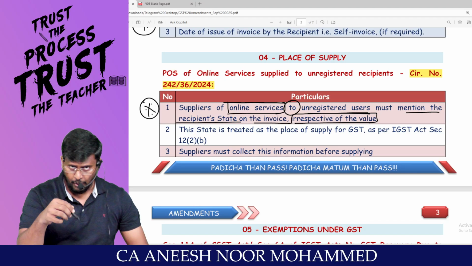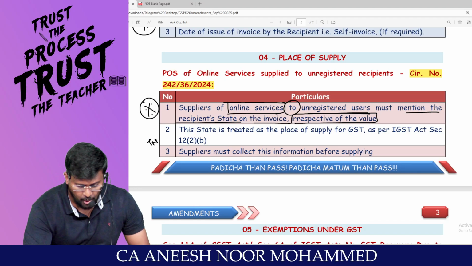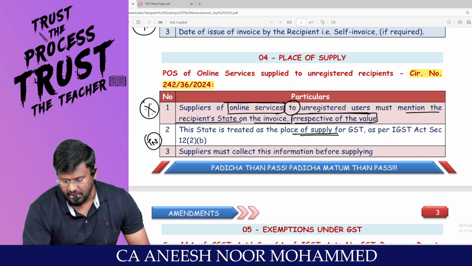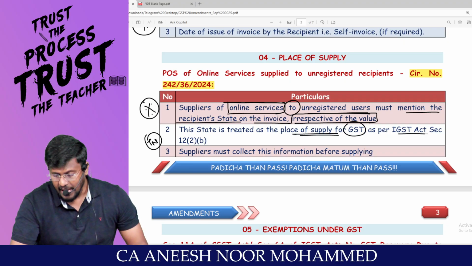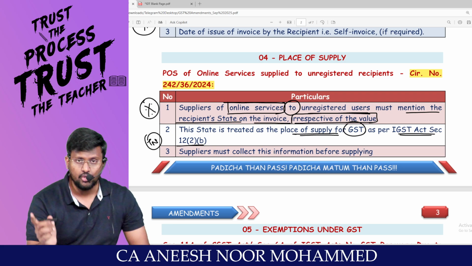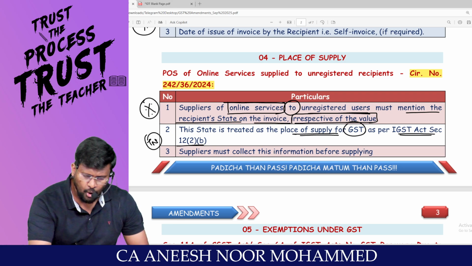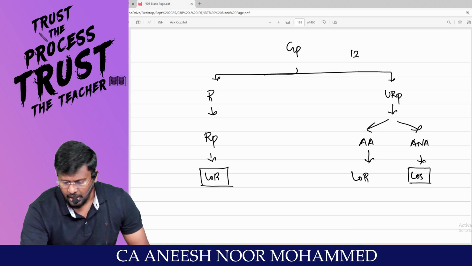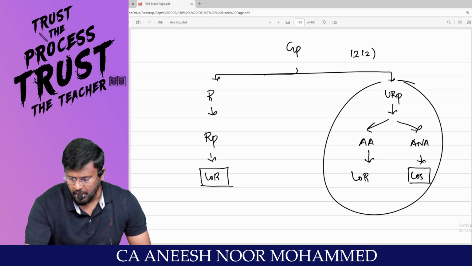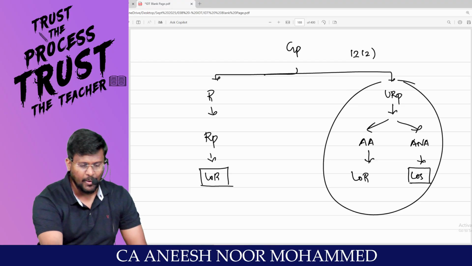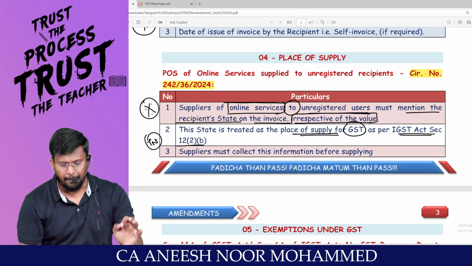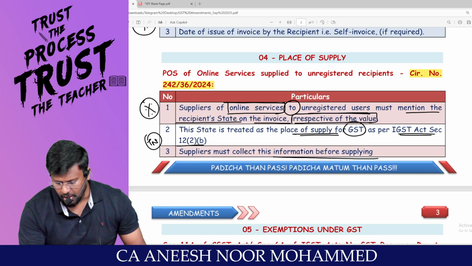This state, for example, sir, if you are mentioning Tamil Nadu as the state, this state will be treated as the place of supply for GST as per IGST Act, Section 12(2)(b). Clause (b) means if you are providing service to an unregistered person. The supplier must collect this information before supplying.